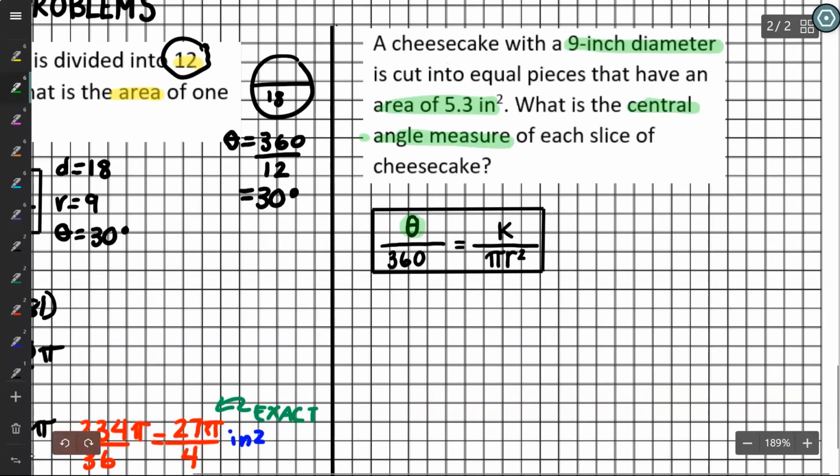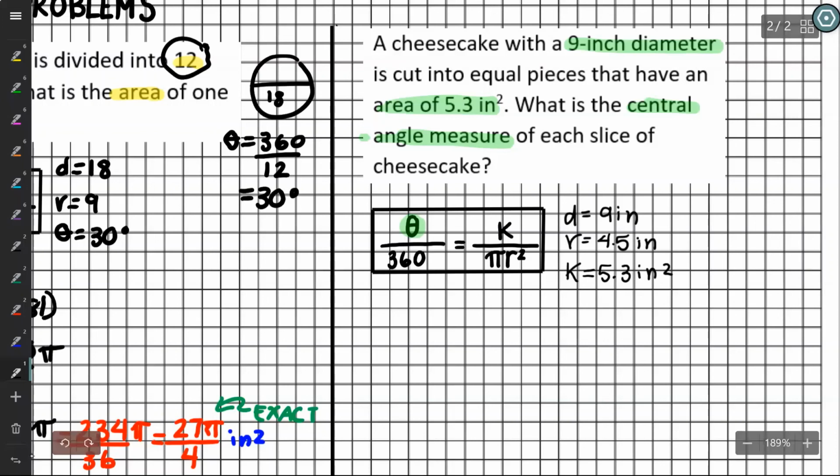Alright, so I'm going to start by writing in what I know. So diameter is 9 inches, which means my radius is 4.5 inches. And my area of my sector is 5.3 inches squared.